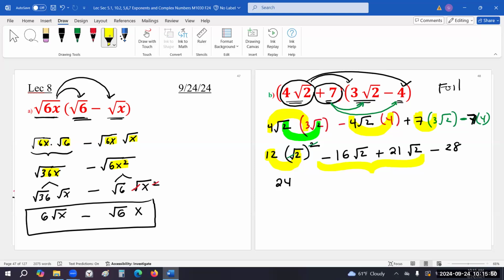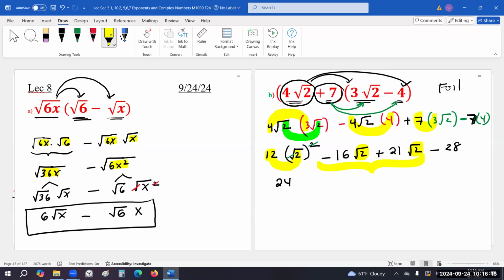And what is happening here? We have negative 16 square root of 2 and positive 21 square root of 2. Can we combine them? We can, because they have the same radical with the same inside. When you add or subtract radicals, the rule says if you have the same radical with the same inside, you can add or subtract their coefficients.